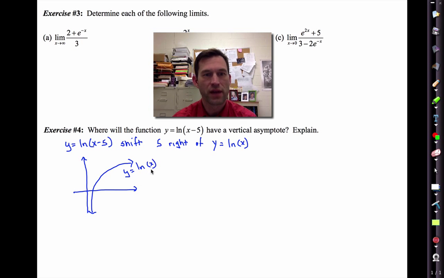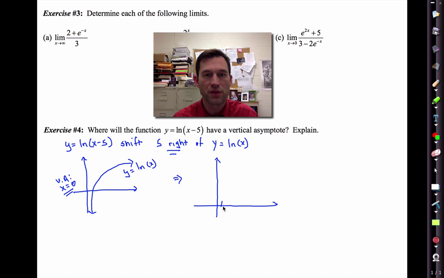So a very exaggerated logarithm graph, but it'll do the job, right? So we have y equals ln of x, and of course it's got a vertical asymptote of x equals 0, right? We saw that in the first exercise. But now I'm going to shift it right 5 units, right? And what that's going to do is it's going to give me a graph that looks something like this.